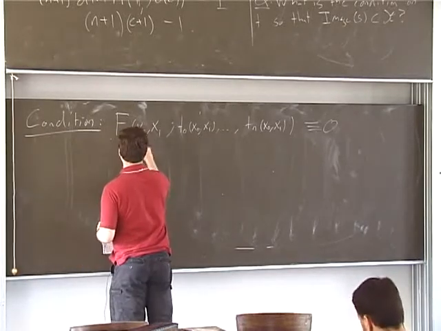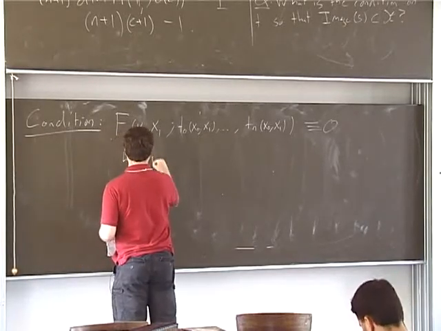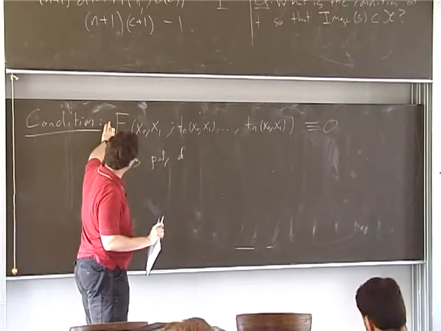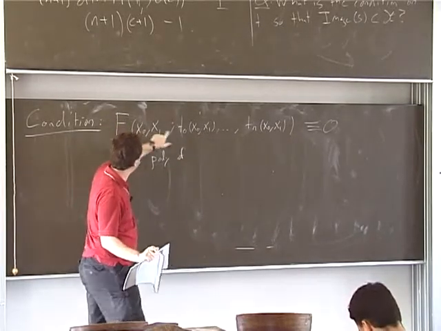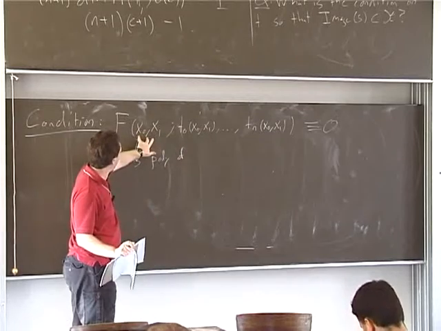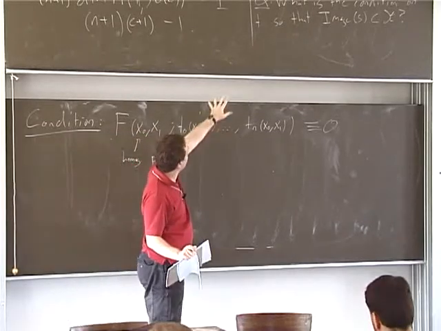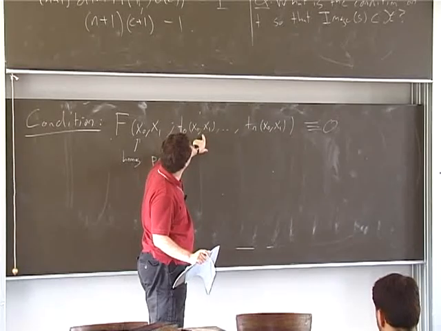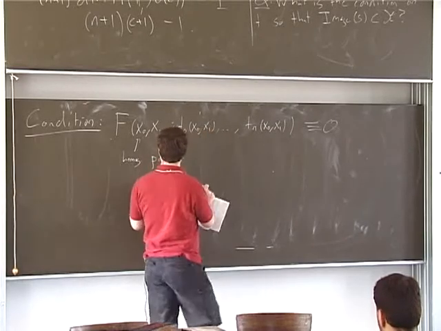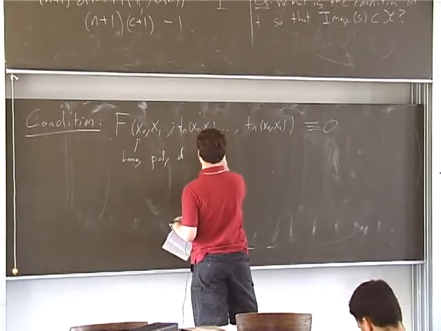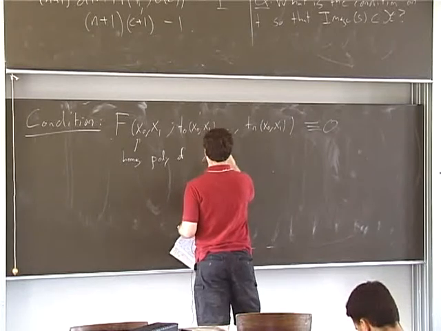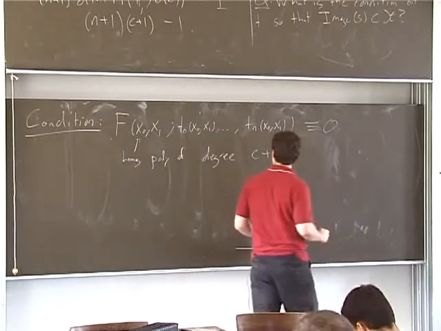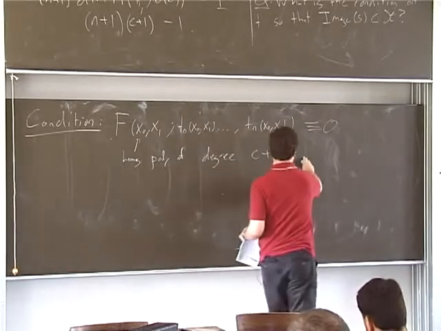This is a homogeneous polynomial. F was a homogeneous polynomial of bidegree c, d, which means every monomial has c of the x0, x1s and d of the y0 through yns. But for each of the y0 through yns, we're plugging in a homogeneous polynomial of degree e. So the total degree of this thing is c plus d times e in x0, x1.